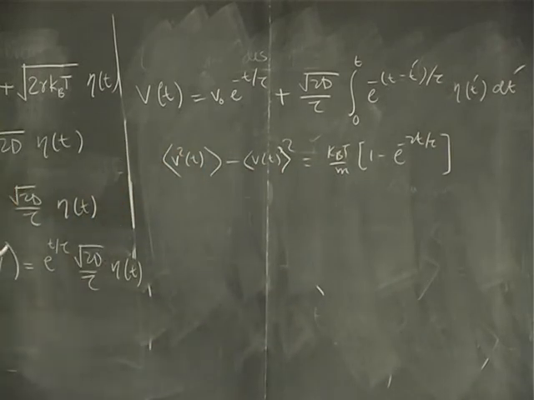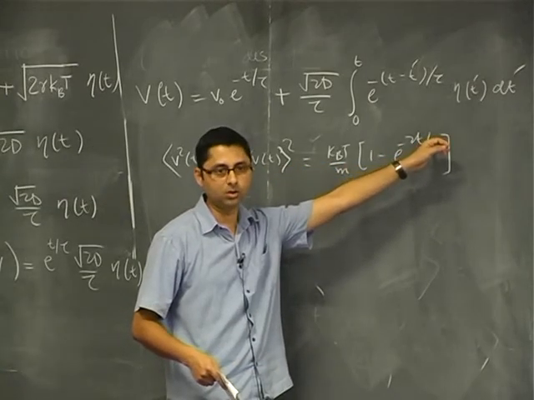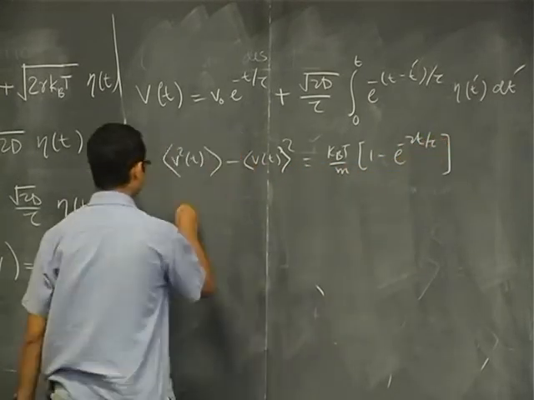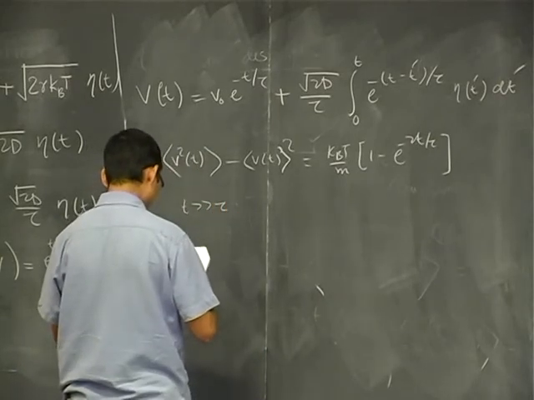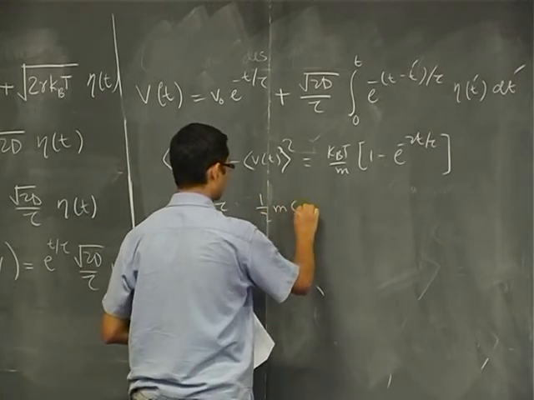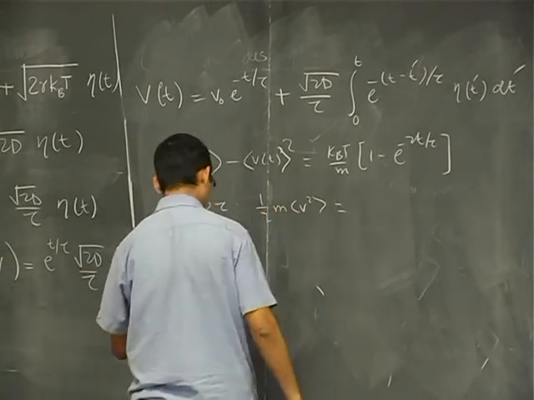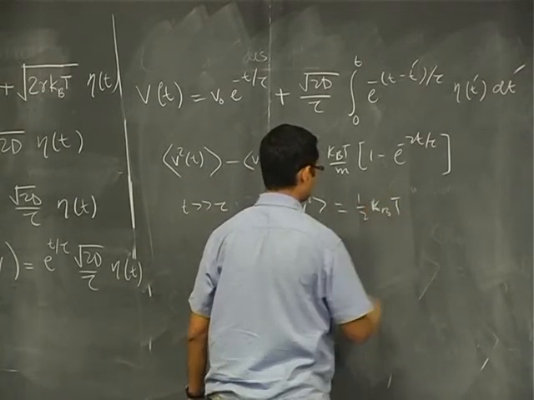So what you see is that if your time is much larger than this tau, what you get is half m v square equals half kBT.